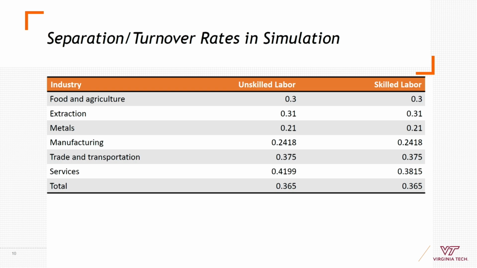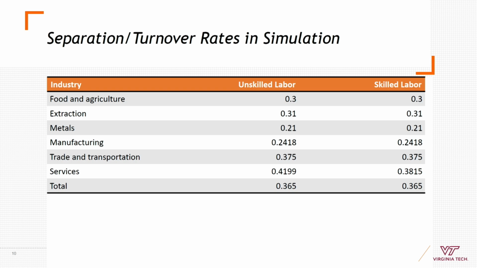I'm going to use what they were in 2011, because that matches the base year of the GTAP database. We took it over the entire year, and the US turnover rate, which doesn't include farm since BLS doesn't have any information on farm employees, was 36.5%.